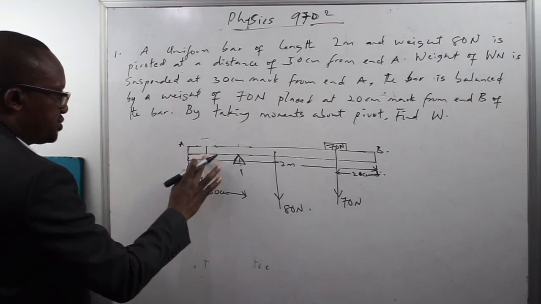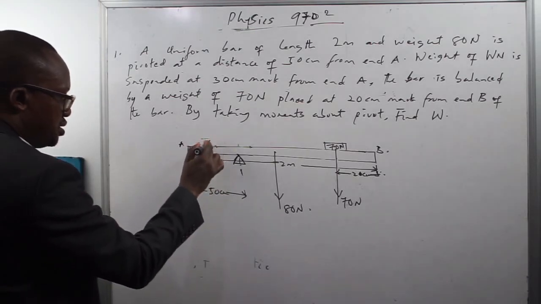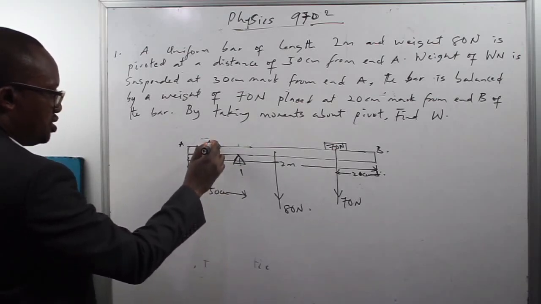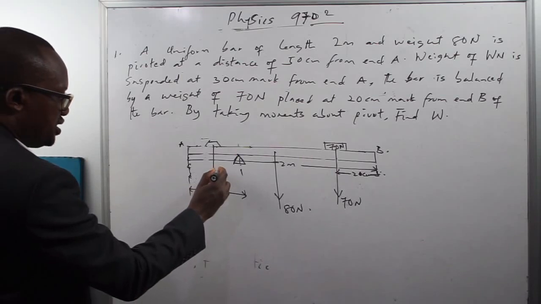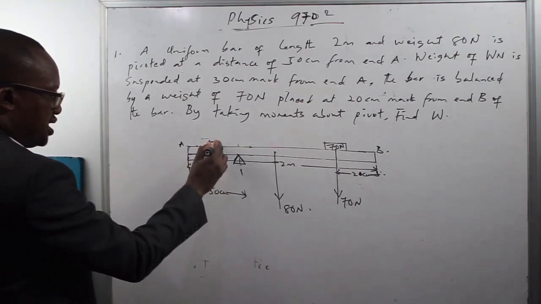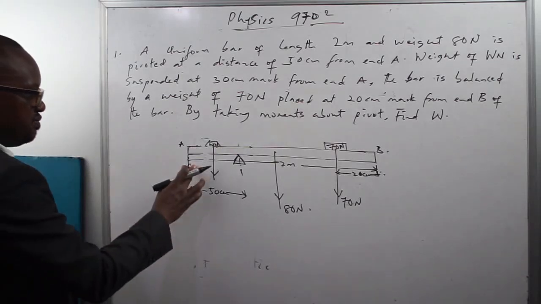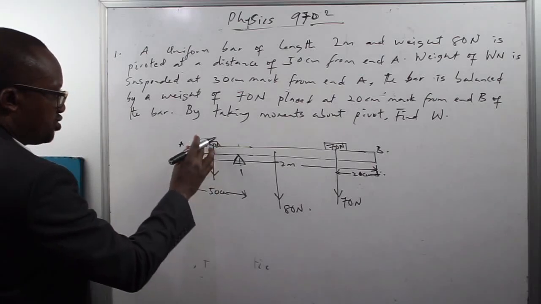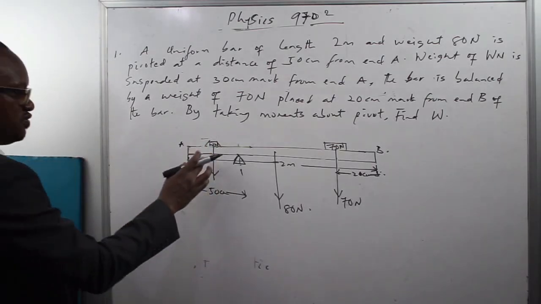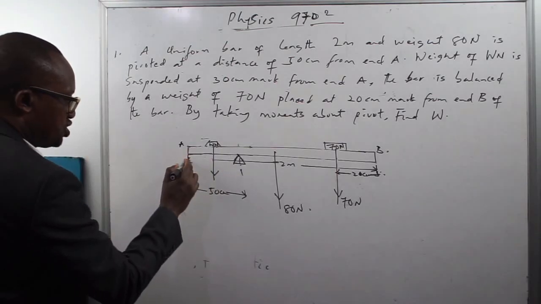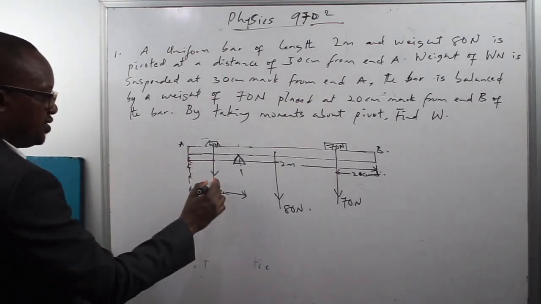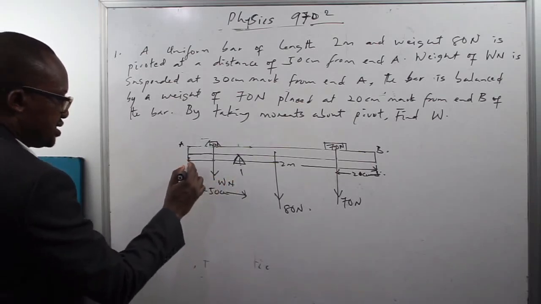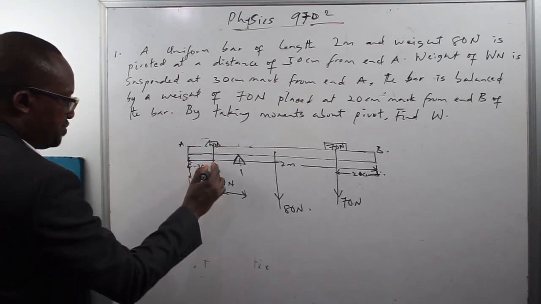The diagram is not to scale. So you have the weight here, W newtons, and I've told you that if you have the weight here, you have to draw the line of action of the weight. And the line of action of the weight is acting vertically downward. So that is W newtons, and it's acting at a distance of 30 centimeters from NA.